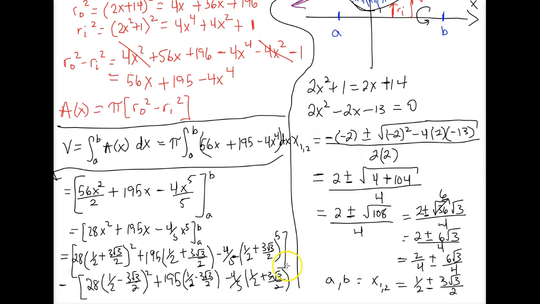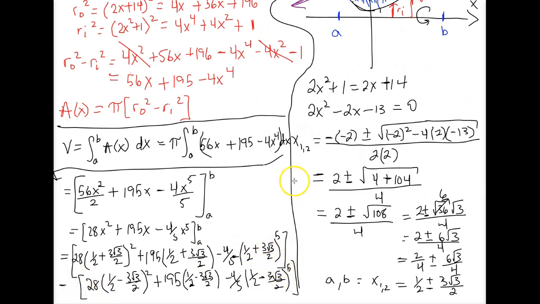Over 2 raised to the fifth, and that was supposed to be minus there, so let me correct that. And of course, that's all of what you see here minus all of what you see here.